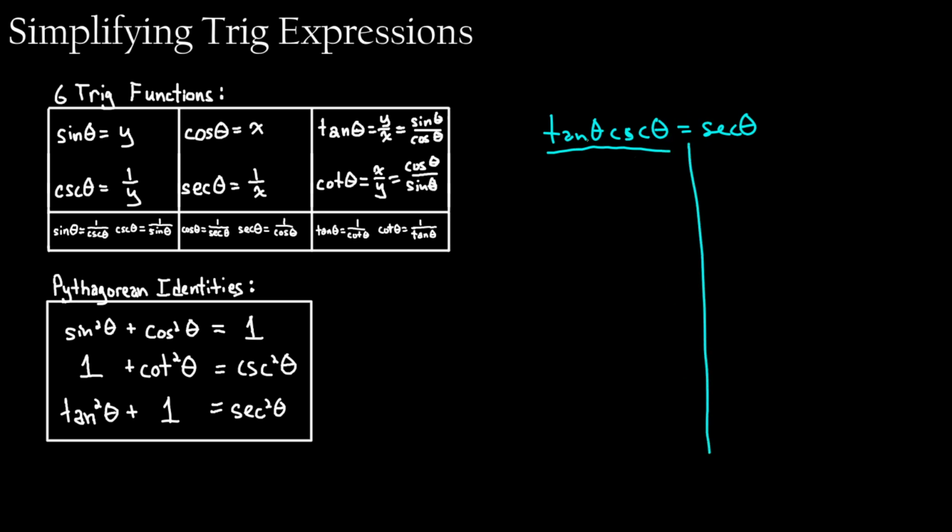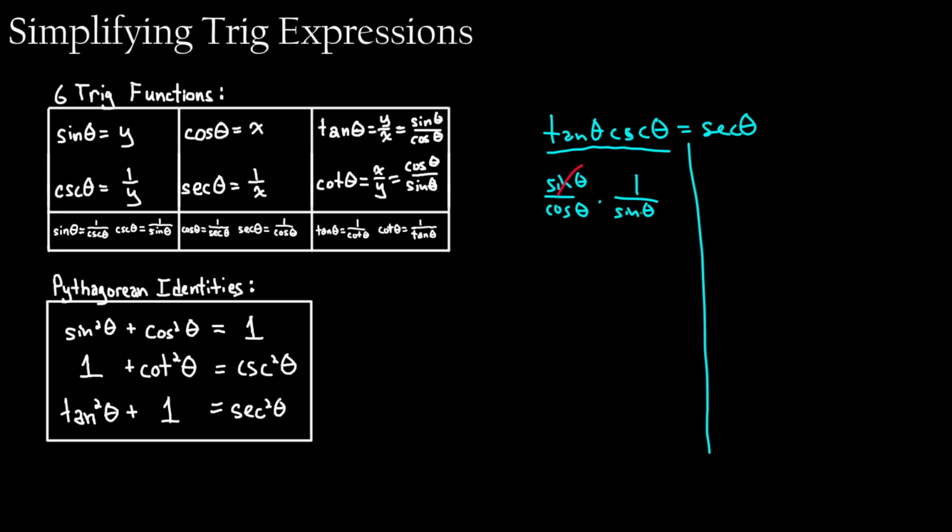So I'm going to go ahead and rewrite this in terms of sine and cosine. There's no squareds in here, so we're not going to worry about that yet. So tangent is sine over cosine. And cosecant is the reciprocal of sine, so 1 over sine theta. And it looks like, yeah, these are going to cancel here.